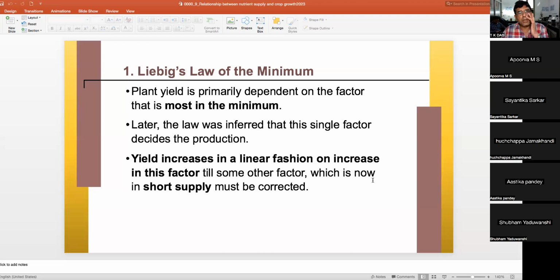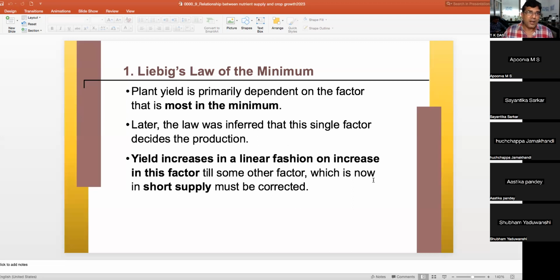I usually say that you can have your food with all kinds of items, your rice, dal, chawal, meat, anda, whatever you want, but you forget to add the salt. You will not eat if salt is not there in your food. So this salt or sodium here becomes the nutrient which is present in minimum or least quantity.